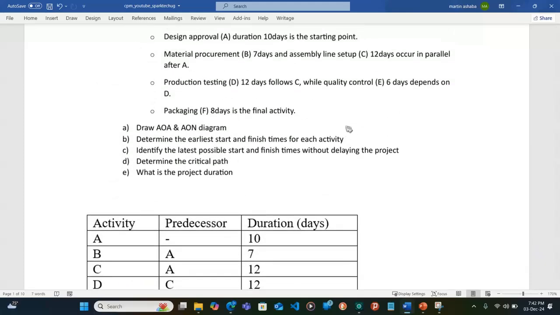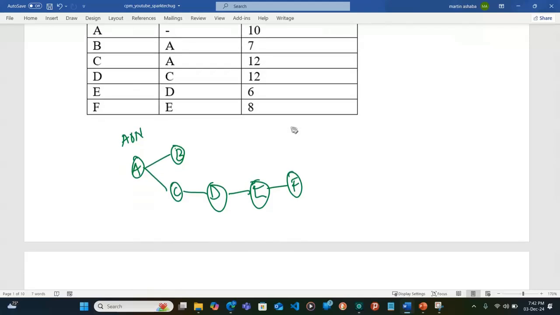And this is basically how this activity on node is going to be working.